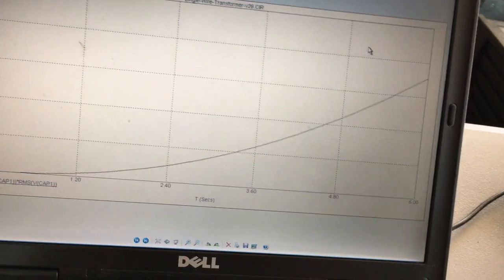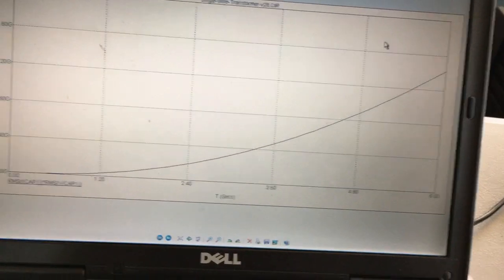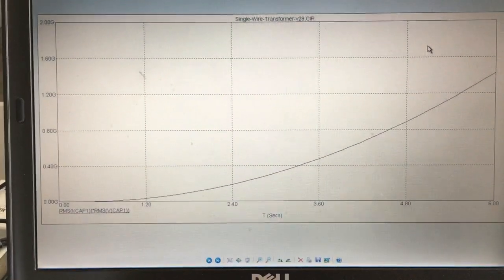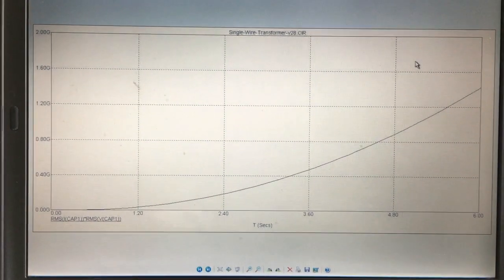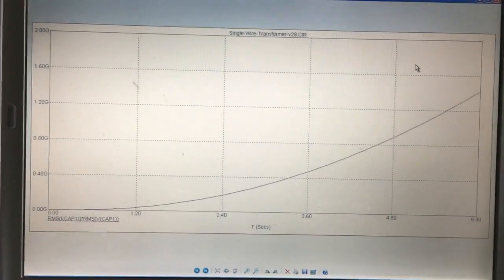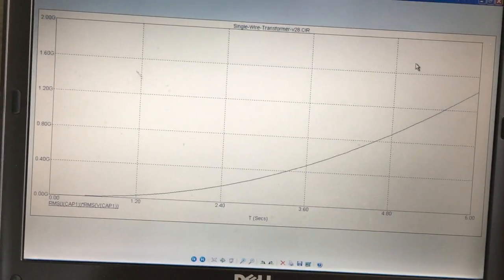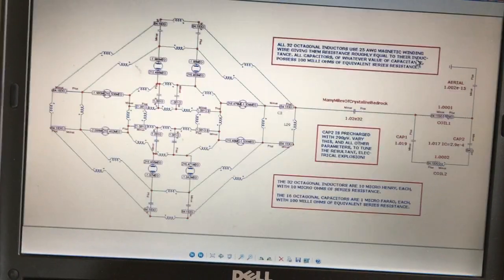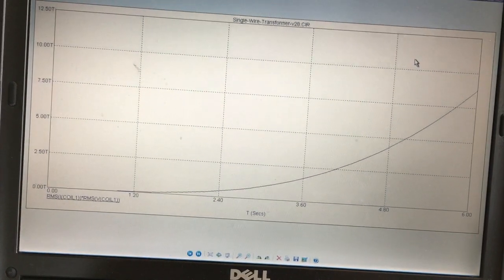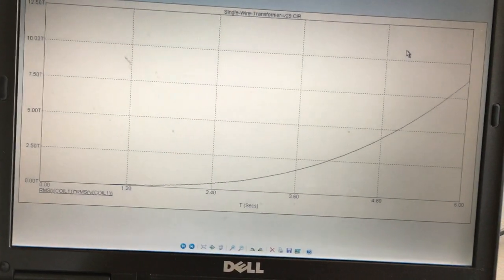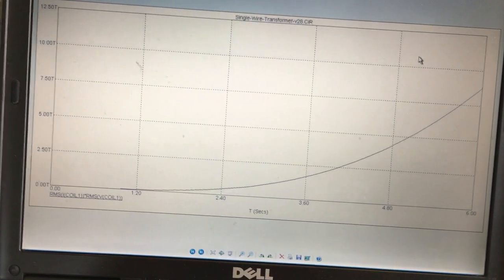So the cap load, being that it's a higher farad than the octagonal caps, obviously it's going to be a lesser value of wattage. So we have something less than 1.6 gigawatts on the cap load. Meanwhile, on the coil load, it's something less than 10 terawatts.